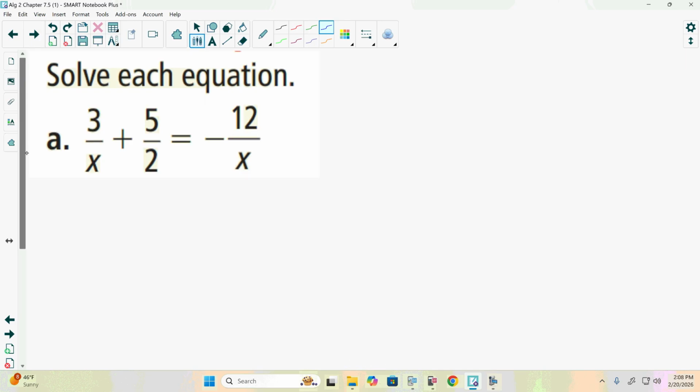Because if we know, looking at this next one, we can look at our restrictions first. And really that's telling us that x cannot be 0. Two places where you have denominators with variables, it's just x and x. So x cannot be 0. That would be a restriction.